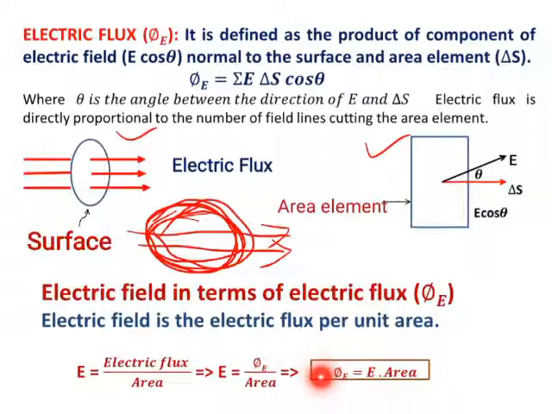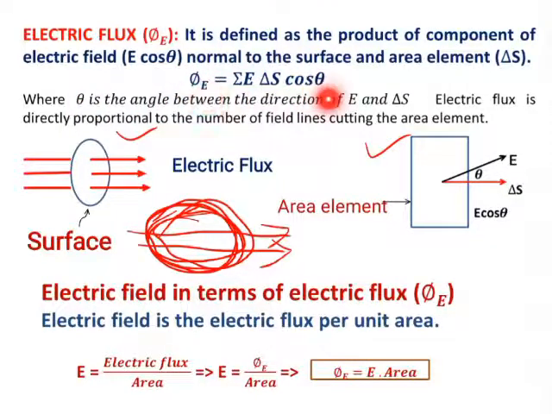Therefore, phi E is equal to E dot area. This is the expression for the electric flux. Electric flux phi E is equal to E into area, that is, the summation of E delta S cos theta. This is the electric flux formula.